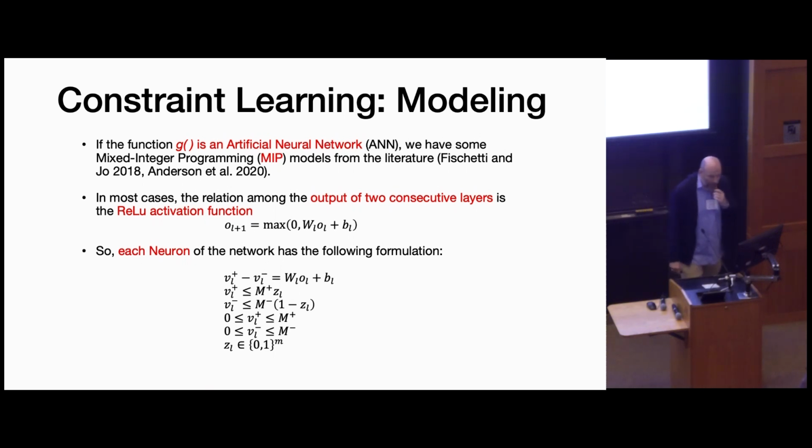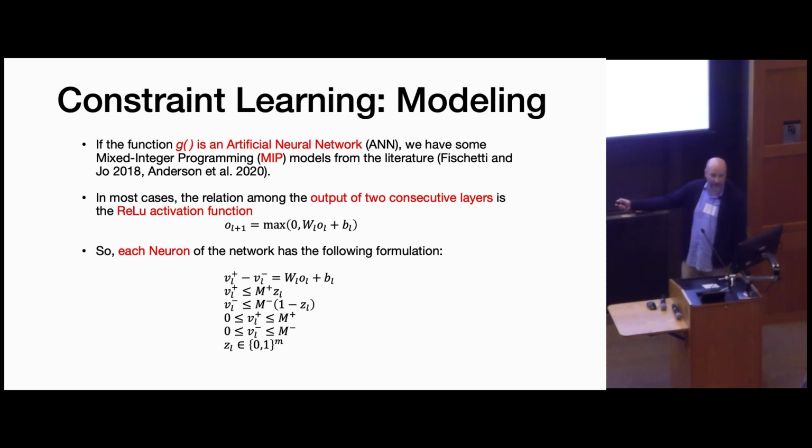Okay? So now each neuron can be written very simply as a mixed integer linear optimization problem, in which there is the positive component and the negative component of the input computed by the previous layer, and in which the activation or not of the neuron itself is based on just using a binary variable.